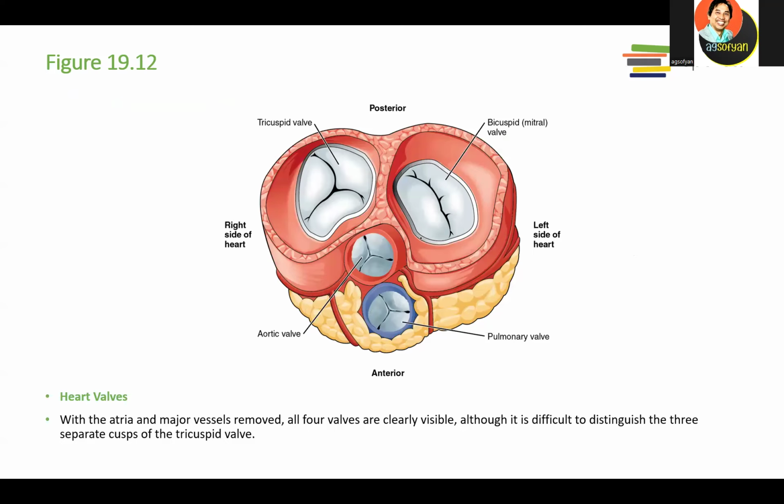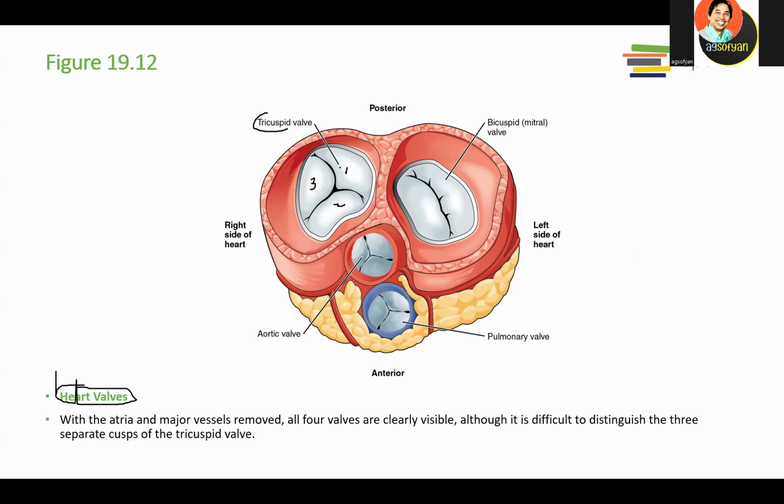Now, this is just an illustration of the four valves of the heart. The heart valves, there are four of them. The one that's located between the right, this is the right side, it has three, therefore we call it tricuspid valve. It has one, two, three, kind of have three openings or cusps.